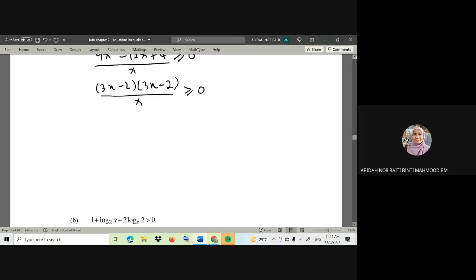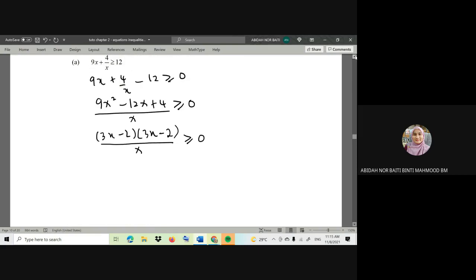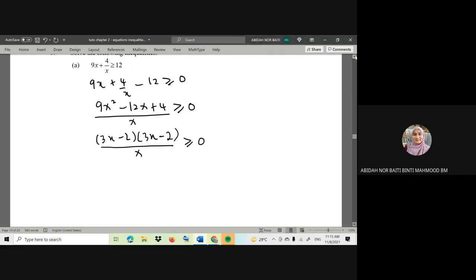Okay, so here we have 3 functions ya. Ada 3 functions kat situ. The value of x at your numerator is what? 2 over 3. Your x at denominator is 0.